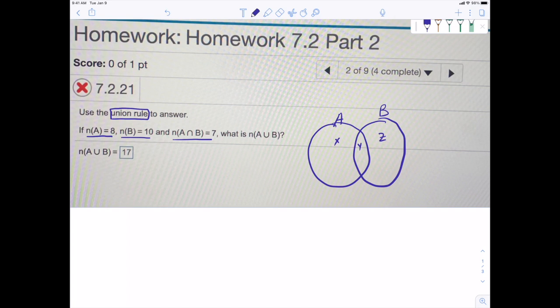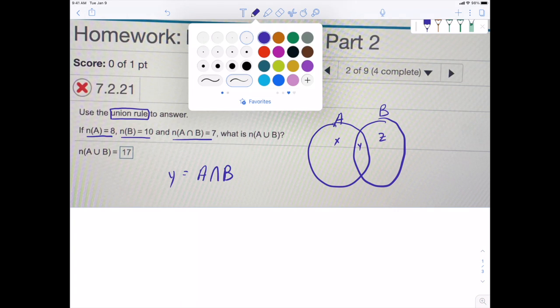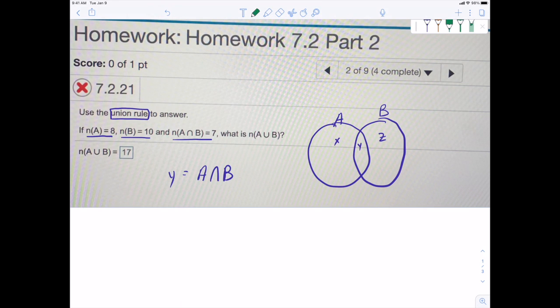So let's just draw this picture. If A has 8 things in it and B has 10 things in it, but together A intersects B, which is the same thing as Y, right? Remember we said Y is A intersects B, then A intersects B, or Y, is 7. So Y equals 7.